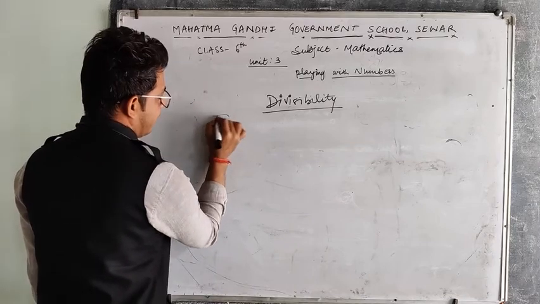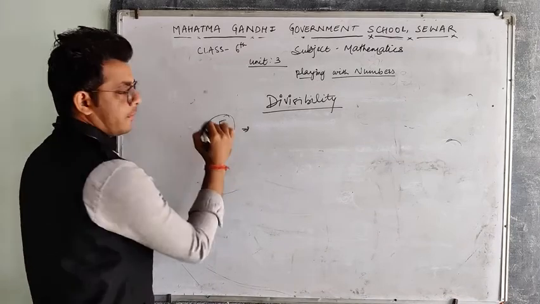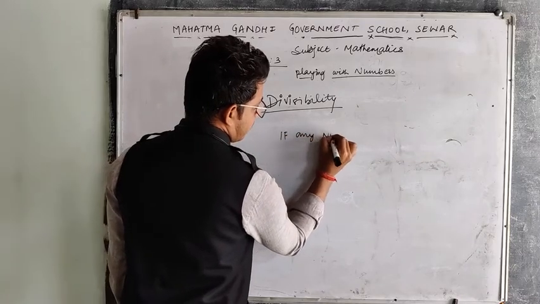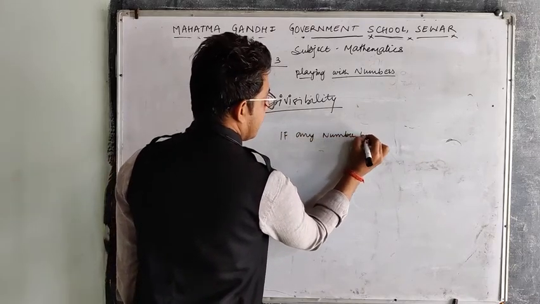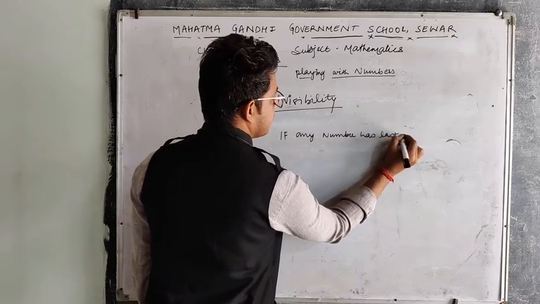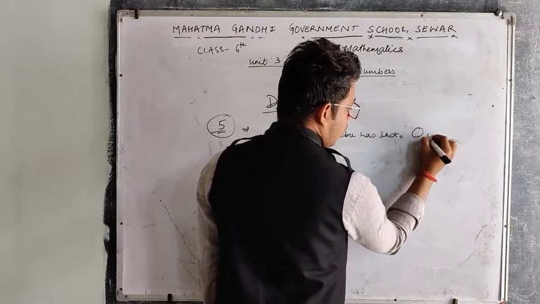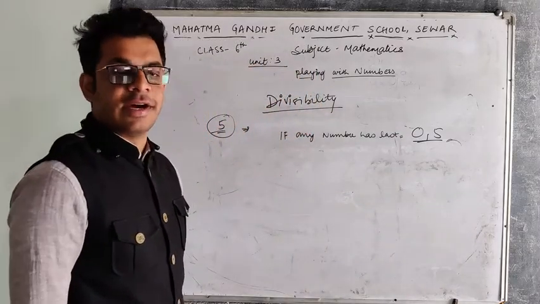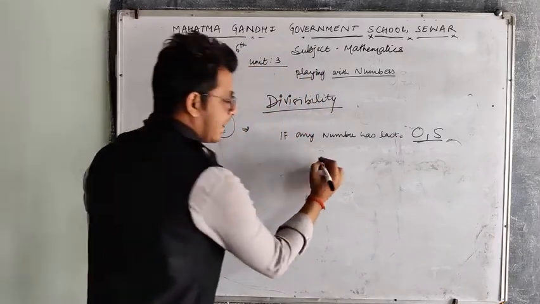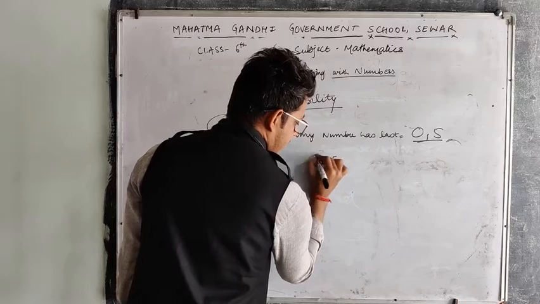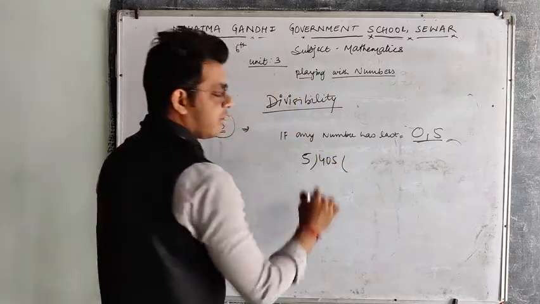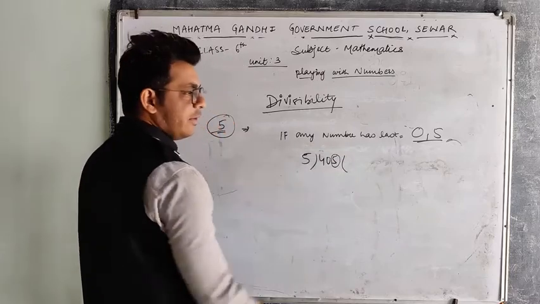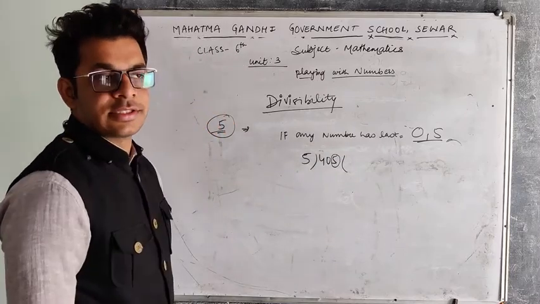Now 5. If any number has last digit either 0 or 5, it will be completely divisible by 5. If I write 405, will it be completely divisible by 5 or not? It will be, because it has 5 in its last digit.